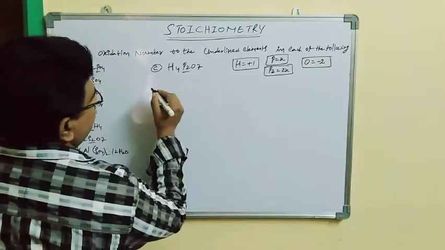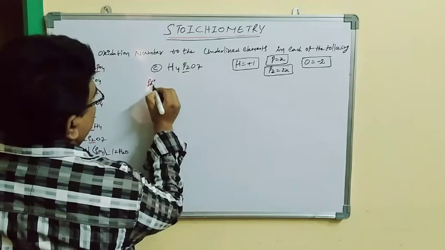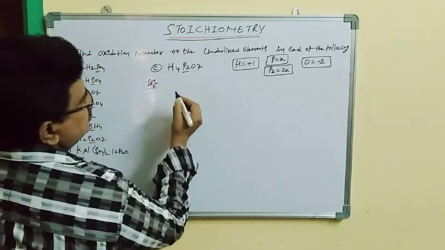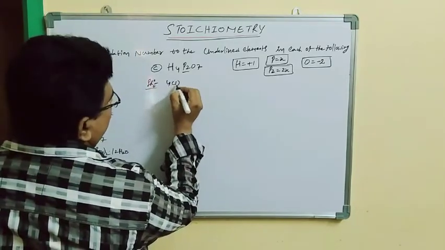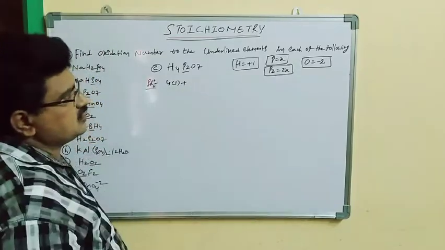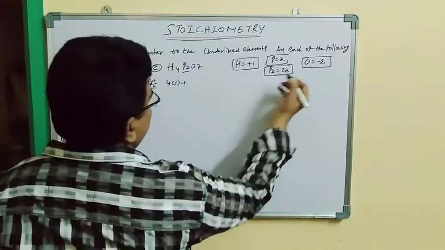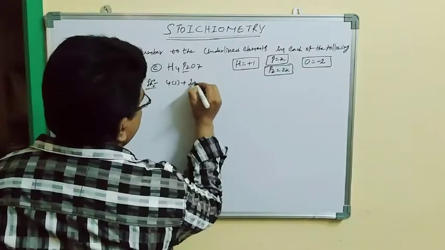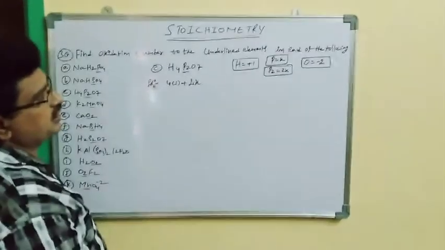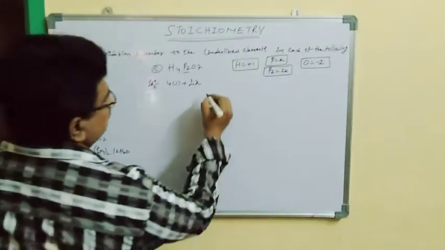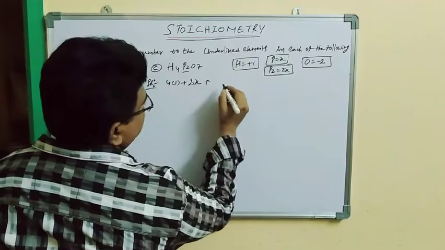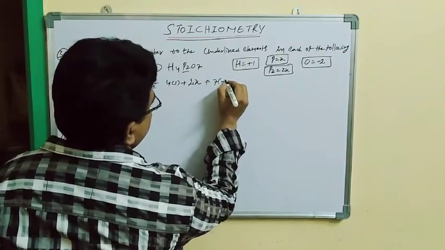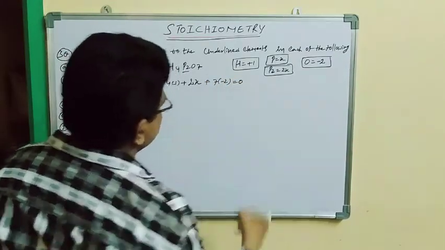Now substituting here. How many hydrogens are there? 4, so 4 into 1 plus 2X for the two phosphorus, plus 7 into minus 2, as there are 7 oxygens, which is equal to 0. The sum of all elements is equal to 0.